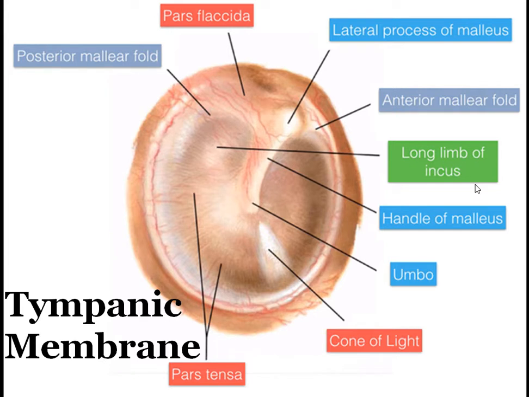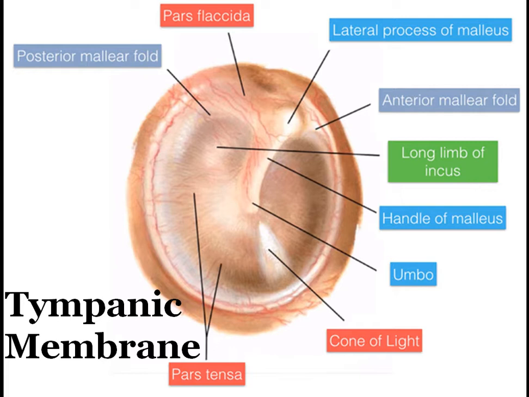This is a very good view of the tympanic membrane, showing some parts which are present actually in the middle ear, but they are attached to the tympanic membrane, and we can feel and also see these parts.